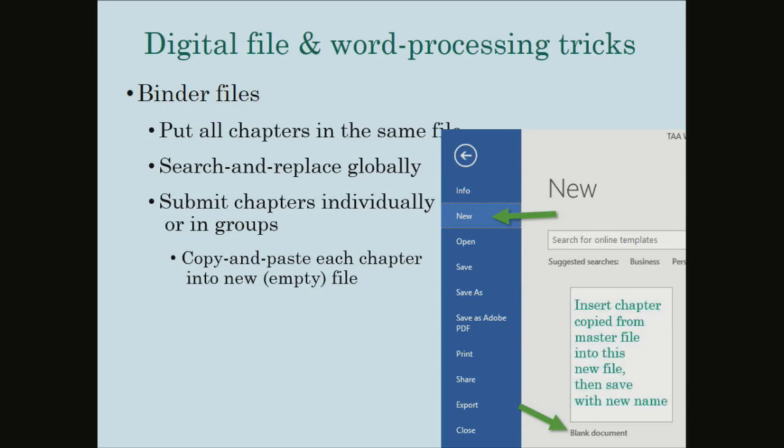And then you create another new blank file and copy in chapter 2 and chapter 3. It sounds like a lot of work, but it only takes a couple of minutes. It really does. And once you get used to it, the first couple times you can be like, how do I do this? But after that, it's like riding a bike. You just do it without thinking. I suggest thinking, though.